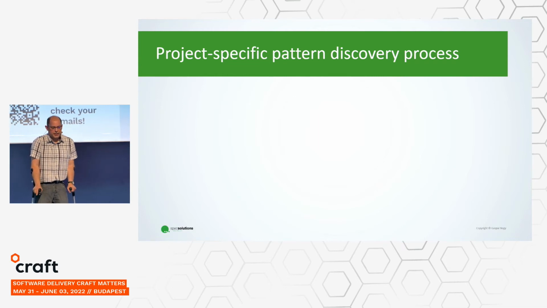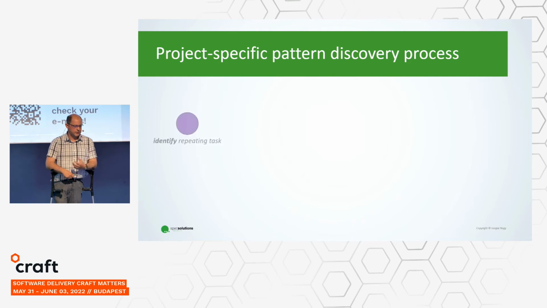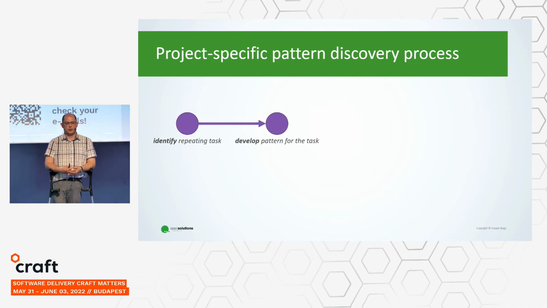How you do that is a very simple process. I put it up with a few bubbles. Typically, there are basically two ways you can find and discover these patterns. One is that you identify a repeating task, and then you design or develop a test automation pattern for that.